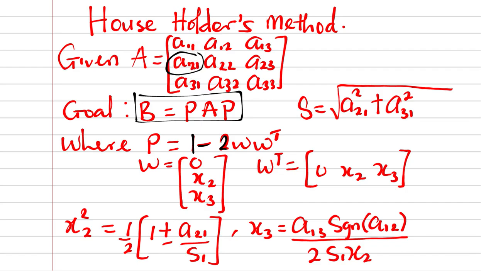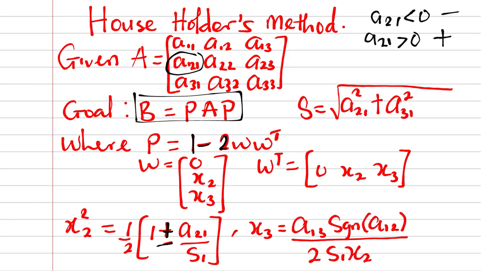If your A21 is less than 0, you are going to use negative. But if your A21 is greater than 0, that means you are going to use plus. So that is why I wrote plus or minus here. The sign of your A21 will determine the sign that goes with that.